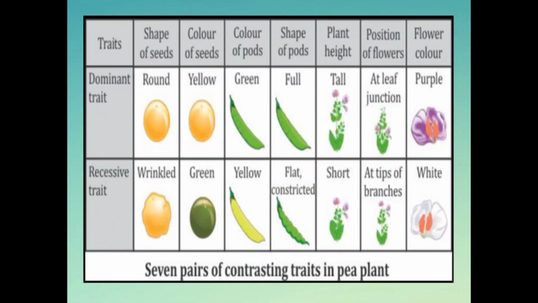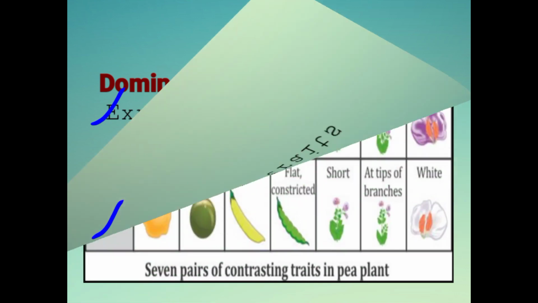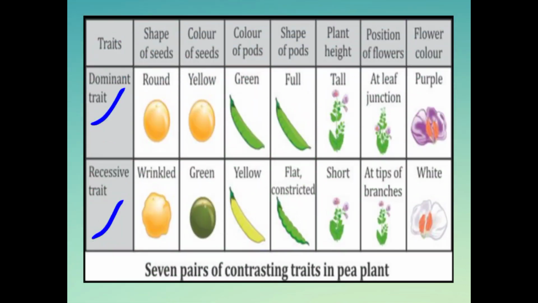Now we are going to see the 7 contrasting pairs of traits in the pea plant. We will see the dominant trait and the recessive trait. First of all, we have the shape of seeds.